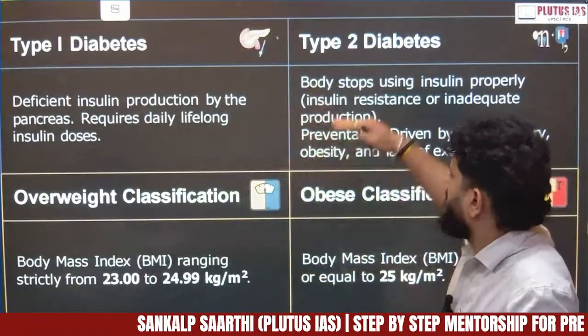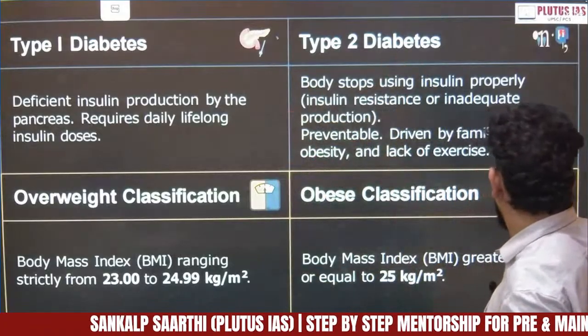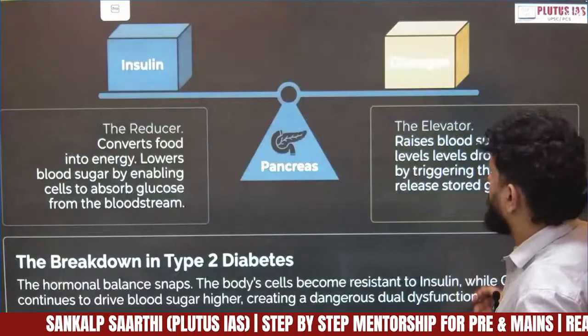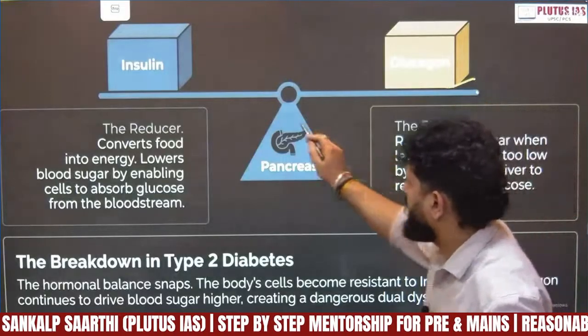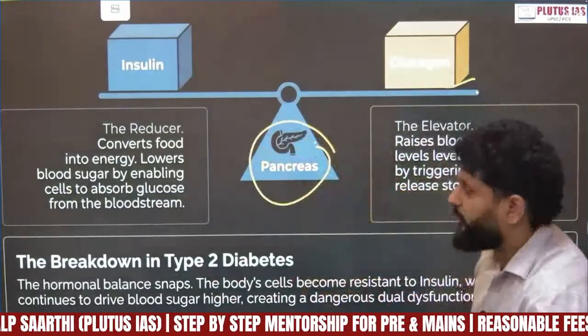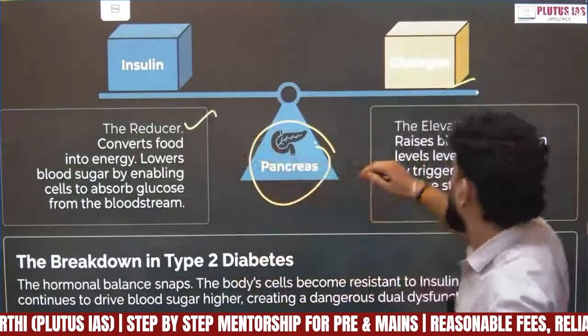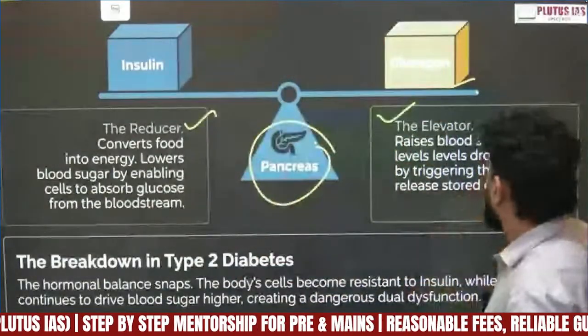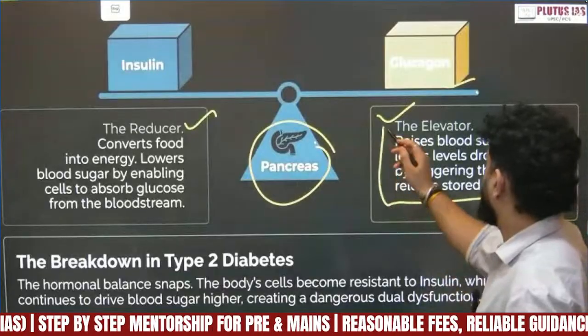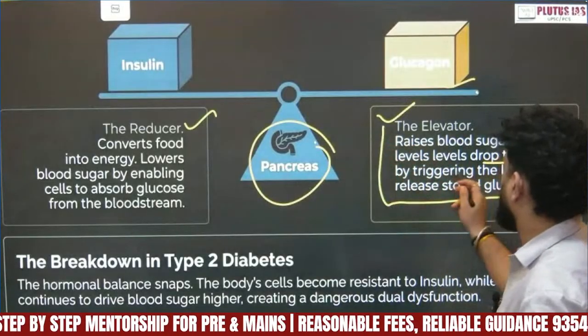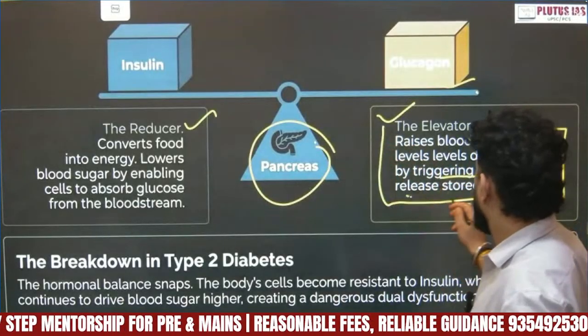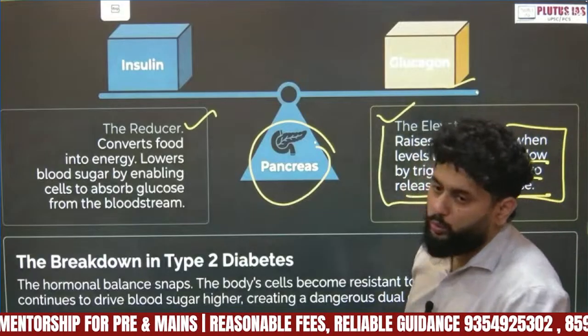So type 1 diabetes, type 2 diabetes, we have already covered these things. Like the insulin and glucagon for the pancreas, it is very important. Why? The elevator raises blood sugar when levels drop too low by triggering the liver to release stored glucose.